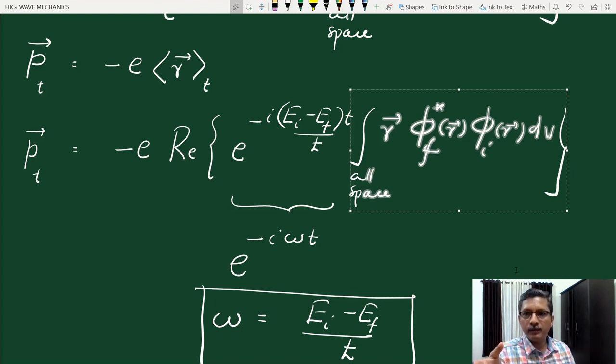If the magnitude of this integral is less but non-zero, then the probability of transition is less, so the intensity of such spectral lines will be less. So you can calculate the probability of transition from the magnitude of this integral, and this probability of transition decides the intensity of spectral lines also.